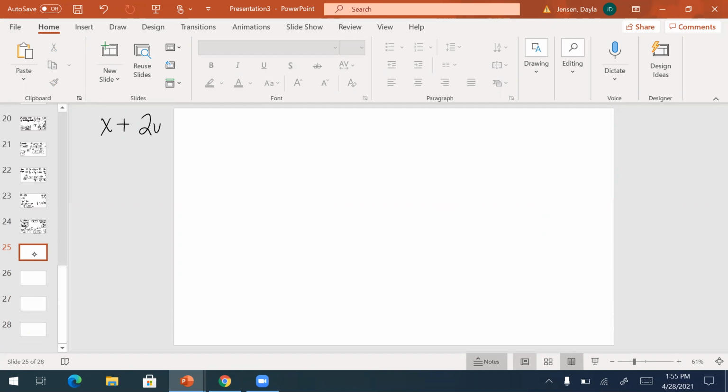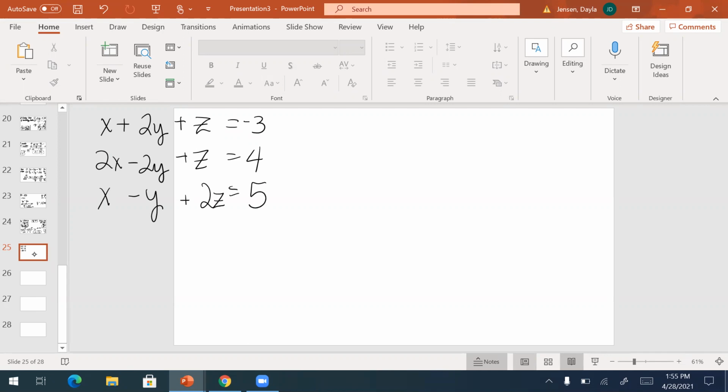This one's not going to be as nice, but let's figure out what to do. So there's an x, y, and a z. Here's 2x minus 2y plus z equals 4. Here's x minus y plus 2z equals 5.